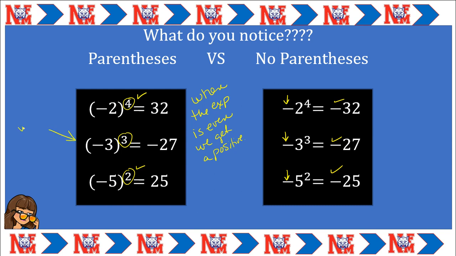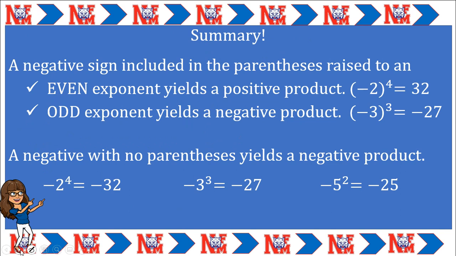However, and this is when you're using parentheses, when the exponent is odd, we get a negative result. But you don't have to memorize this, just expand it. Okay, let's move on. And if you want to pause and write those notes down, please do so.